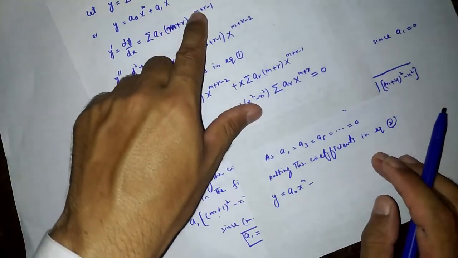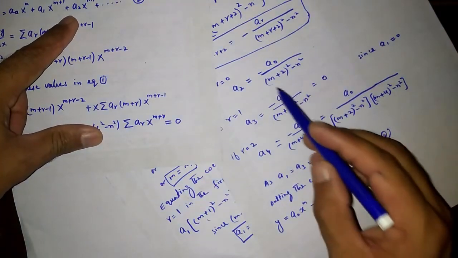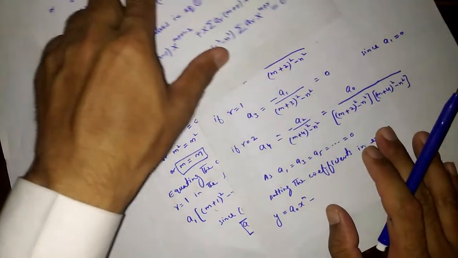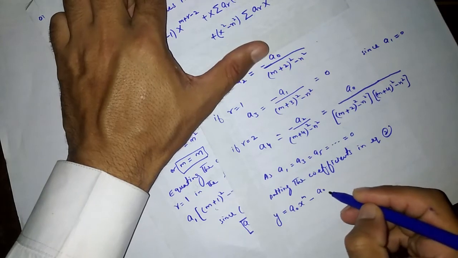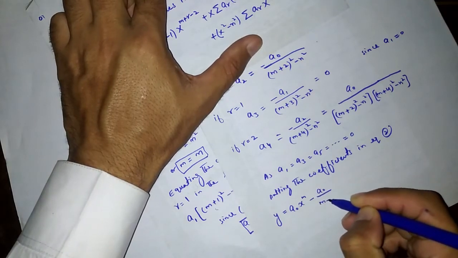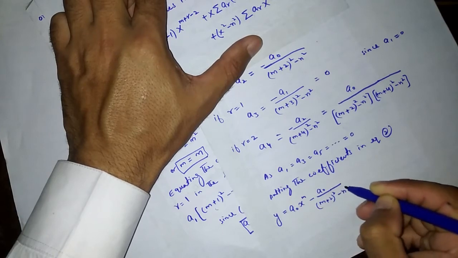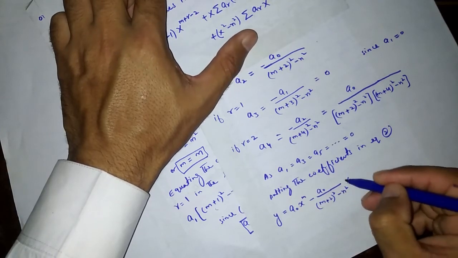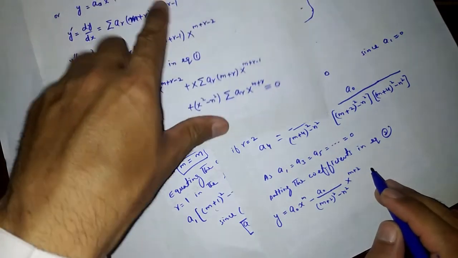For a2 is negative a0, this will be minus a0 divided by m plus 2 whole square minus n square into x to the power m plus 2, and a3 is 0.